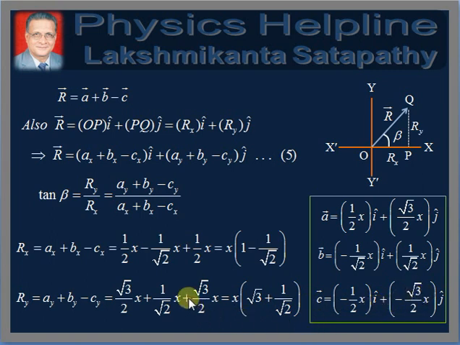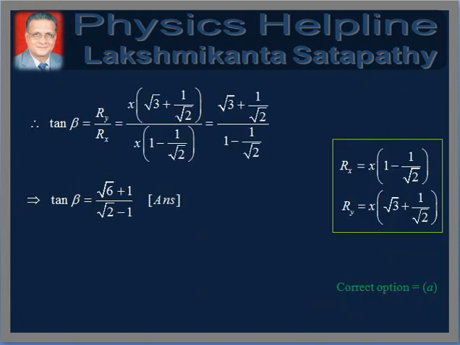Therefore, minus cy is plus root 3 by 2 into x. Here also we find that x is common to all the terms. Therefore, x being taken common outside the bracket, we have root 3 by 2 plus root 3 by 2, which gives us root 3, plus 1 by root 2. Therefore, Ry is equal to x into (root 3 plus 1 by root 2).